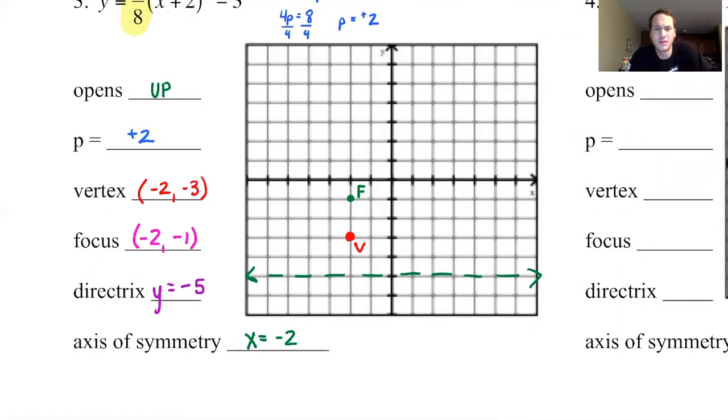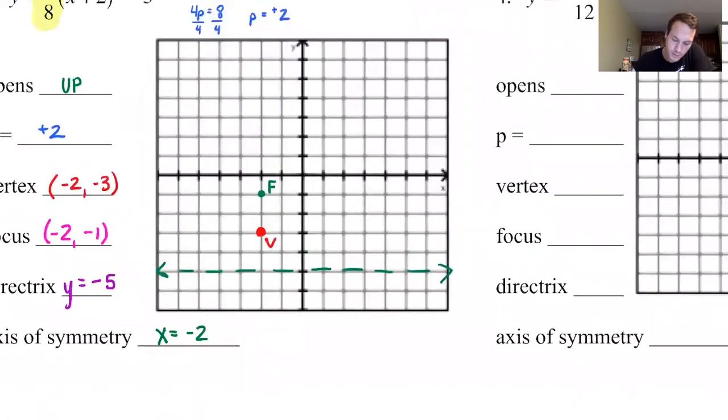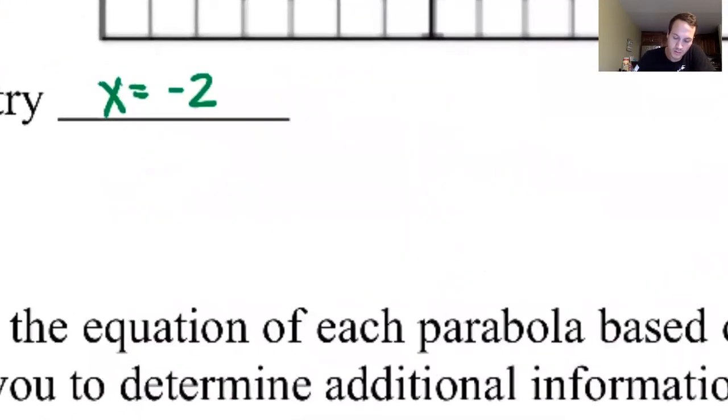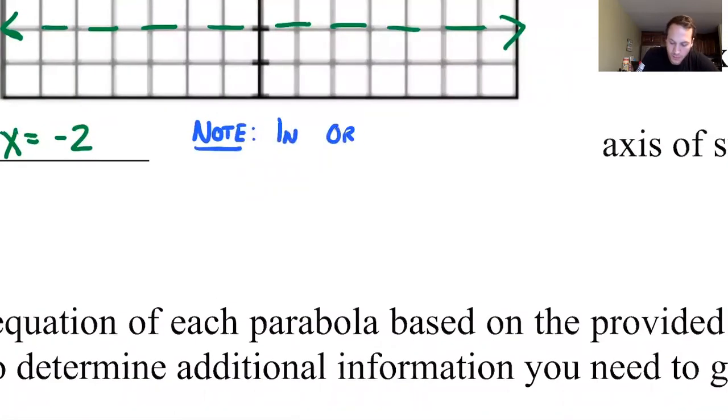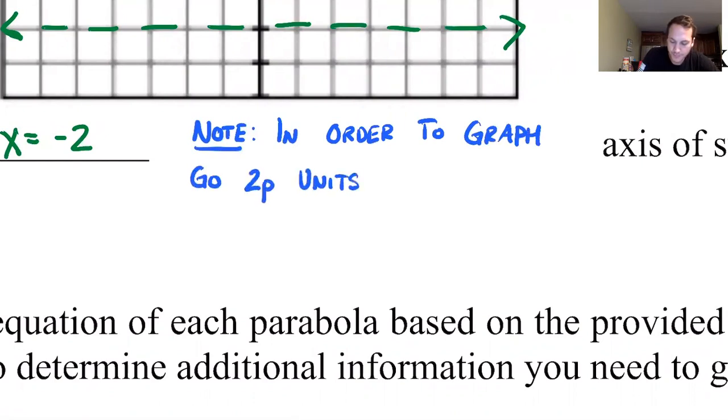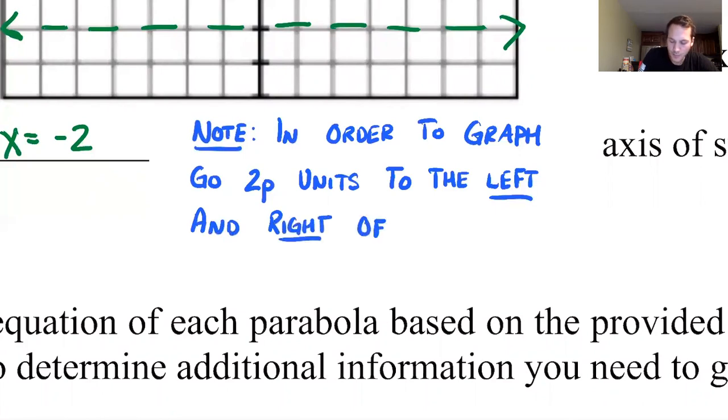But now we're not done graphing it. So how do I know what to do to graph it? Right? So it just does say graph each parabola. In order to graph, go 2p units to the left and right of your focus.